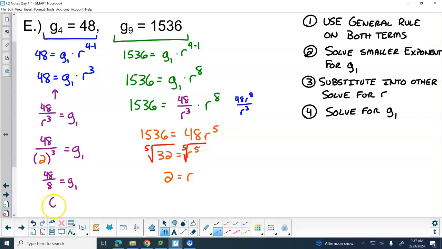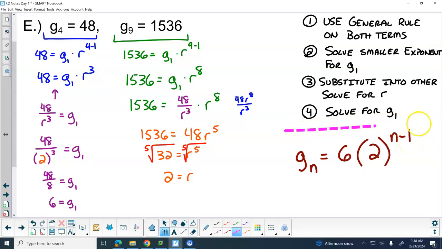So my first term is 6. What were the 2 things that I needed? First term and the ratio, right? Just got them both, right? So my rule here is going to be g sub n is going to equal 6 times 2 to the n minus 1 power.